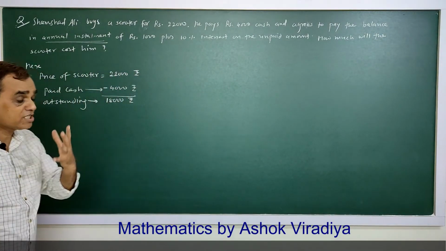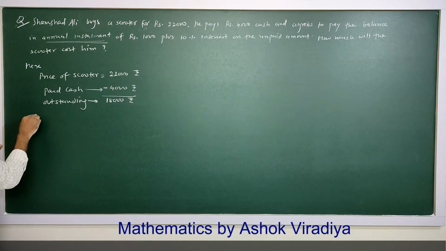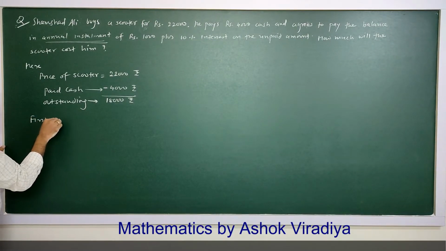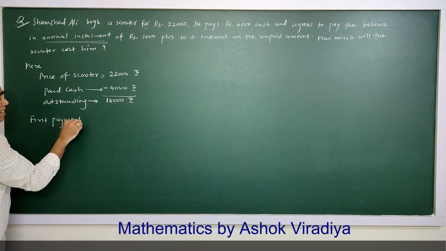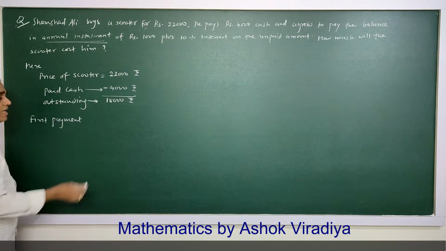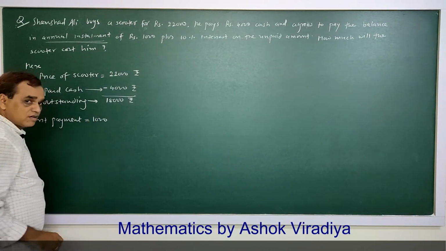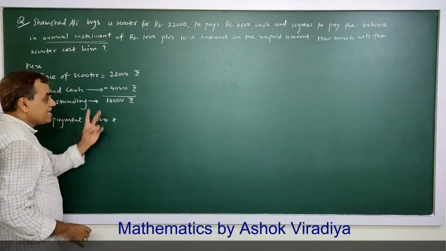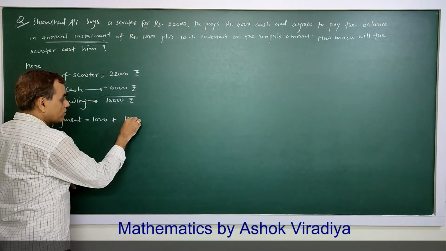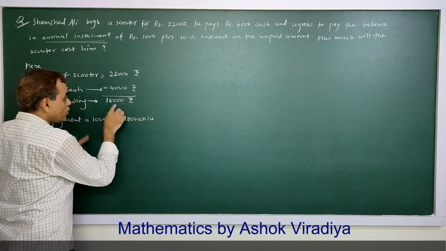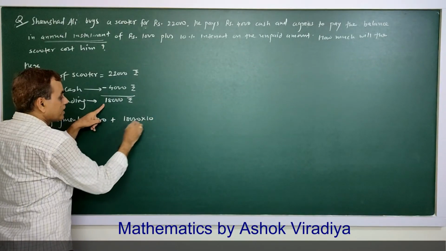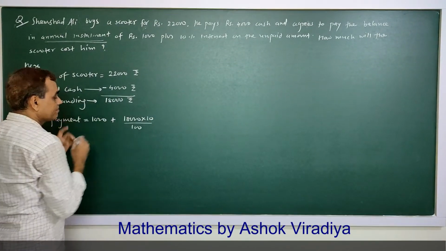Now the first payment will be equal to 1000 plus 10% interest of the 18,000 amount, so 10 upon 100.